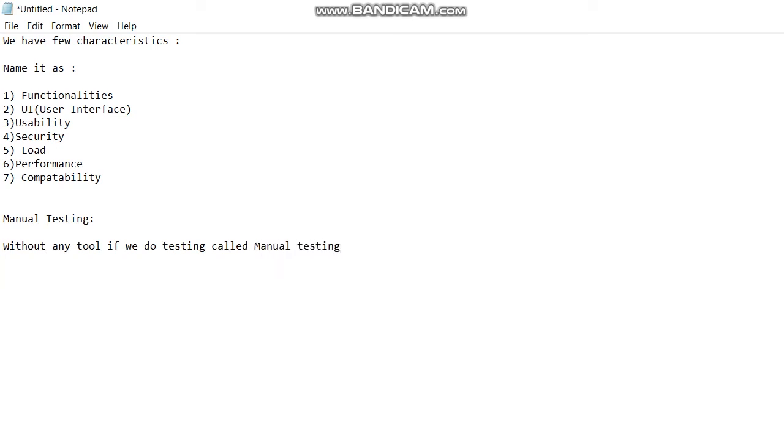I can give you a clear definition: if any testing activity, that is the characteristics I mentioned above, functionality, UI, load, etc., is performed without using an automation tool, we can consider it manual testing.